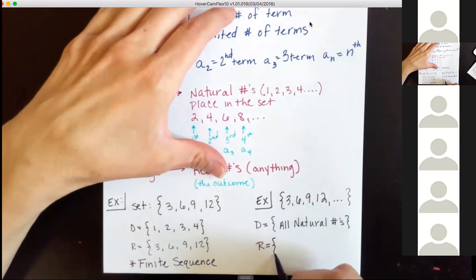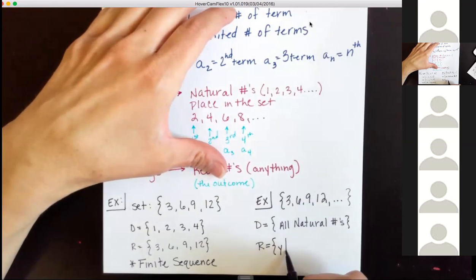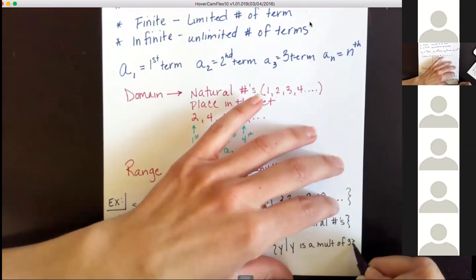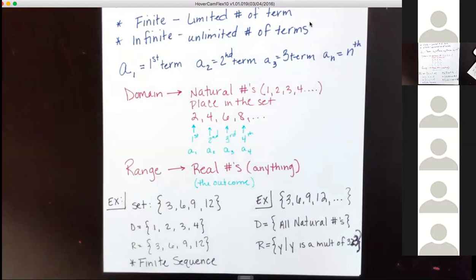So you're going to see that set builder notation show up again. Y such that y, and you're actually going to say, is a multiple of 3, but greater than or equal to 3.